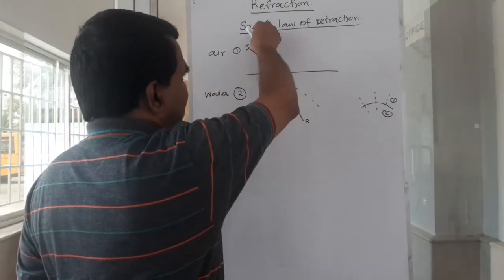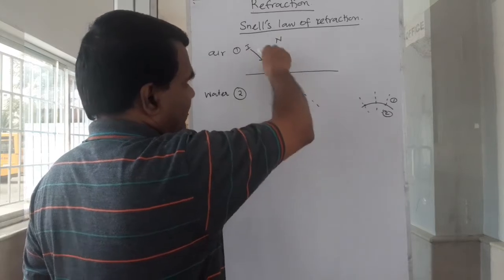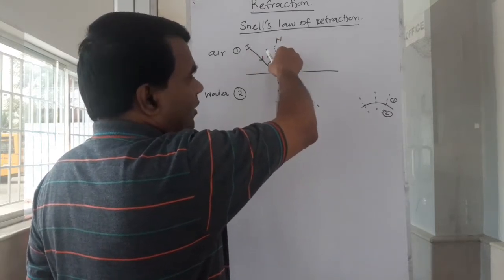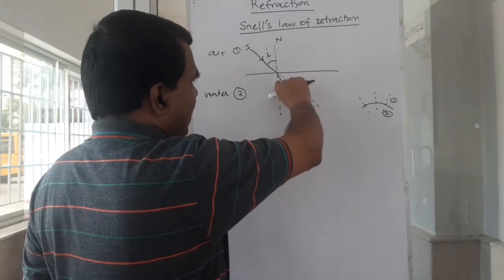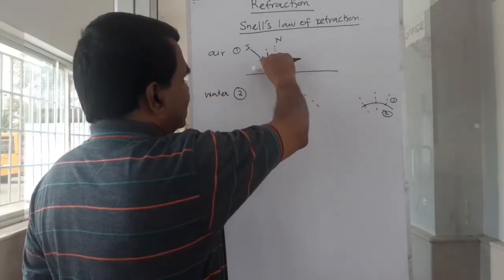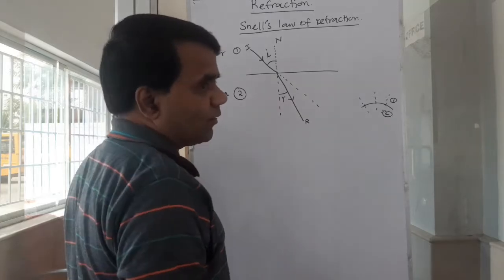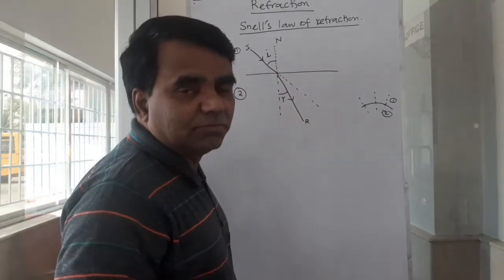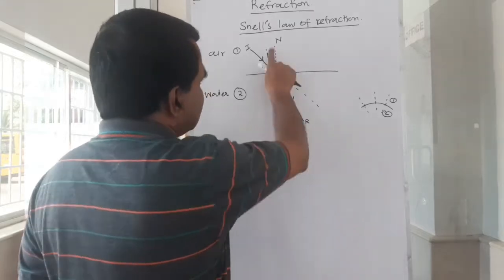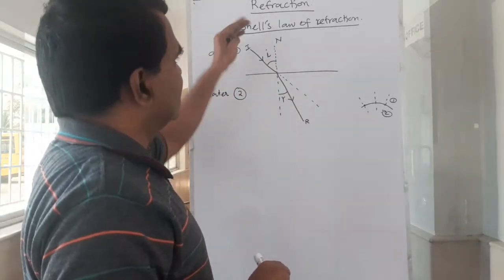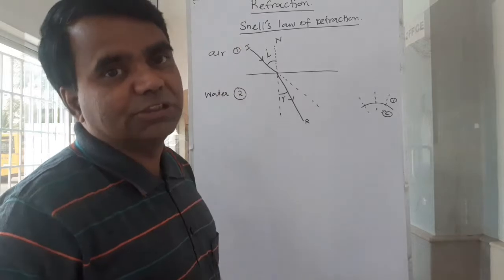The angle at which I hit this point, with respect to the normal, will decide the angle of the refracted ray. This angle decides this angle. If this is more, this can also adjust accordingly. If this is less, then this will also adjust.